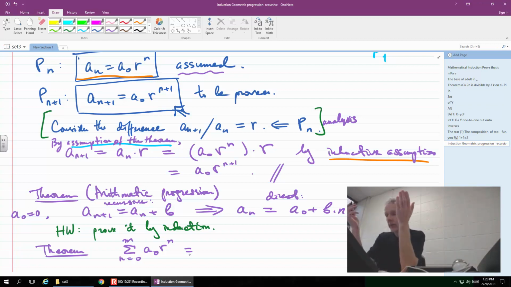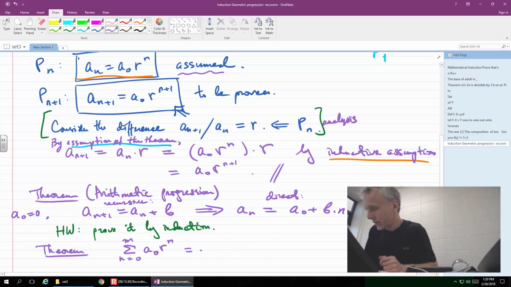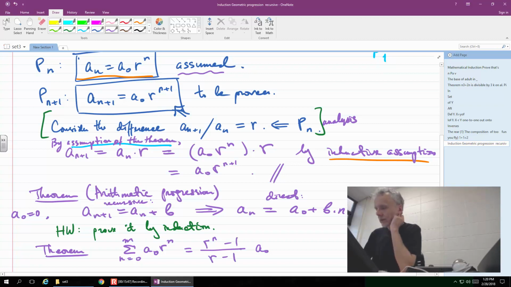So then you need a formula, and what is the formula? Well, let me take a naught out. It doesn't matter anyway. R^n minus 1 over R minus 1, I think that's what it is, with m over here.